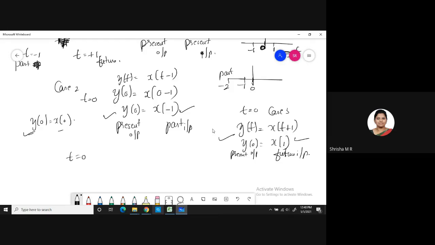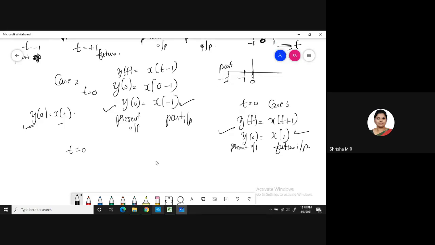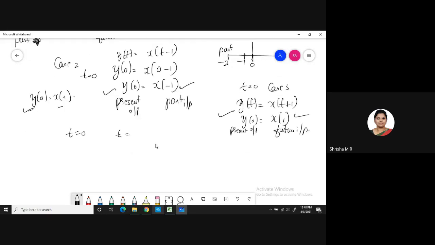So whenever you get a relationship between any signals they give you, put t = 0 first, t = -1 and t = +1. That will be easy for you to categorize systems with memory and memoryless, and it will be easy for you to categorize causal and non-causal.